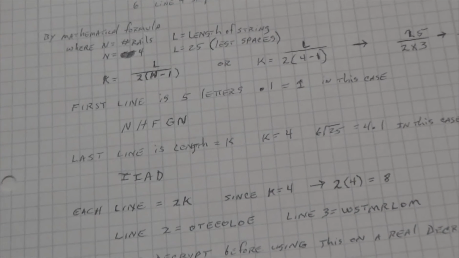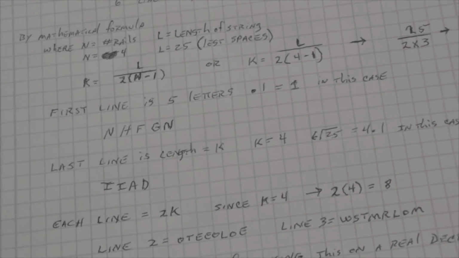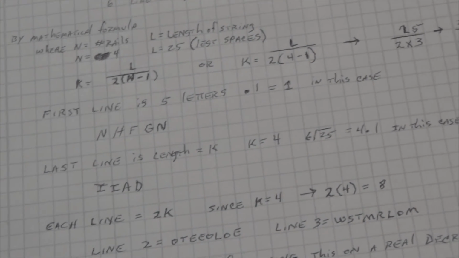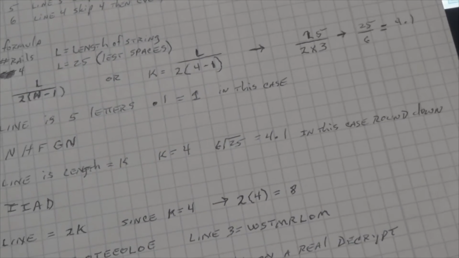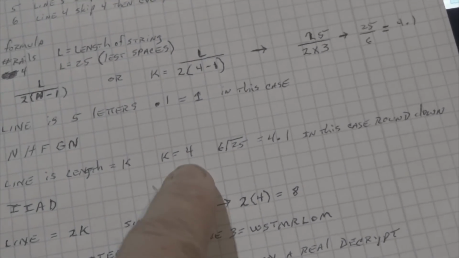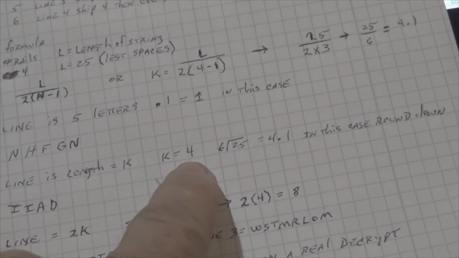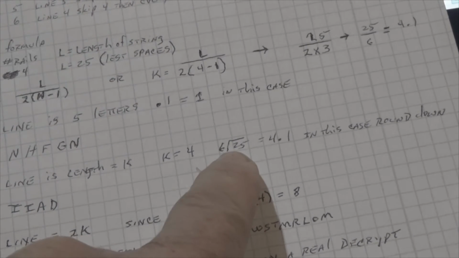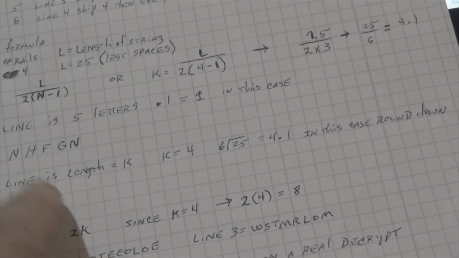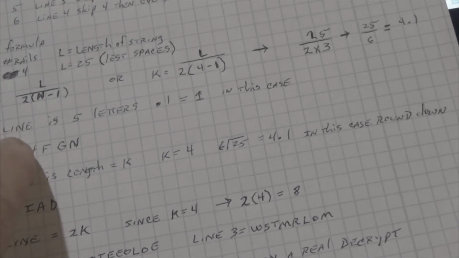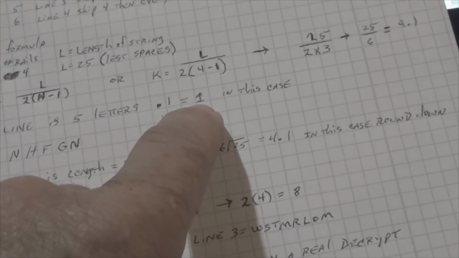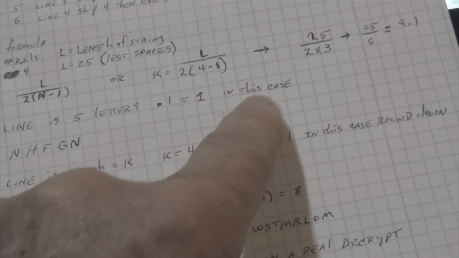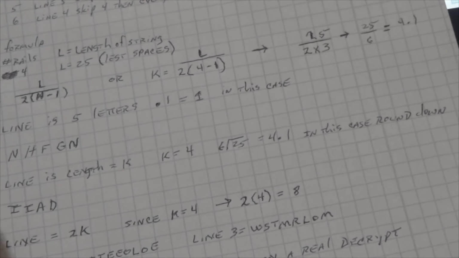So your first line is going to be the NHFGN. The second line, k equals 4, right here. Second line is 5 letters. In this case, correction, the point 1 gives you a 5th character.